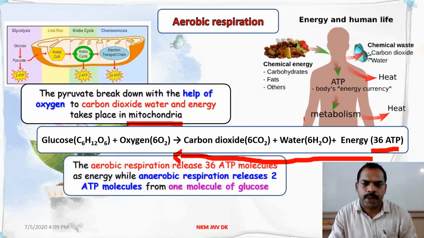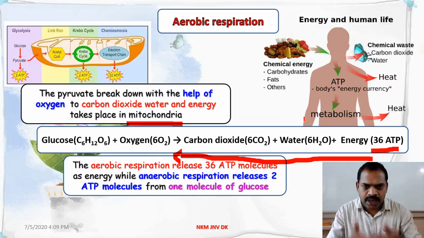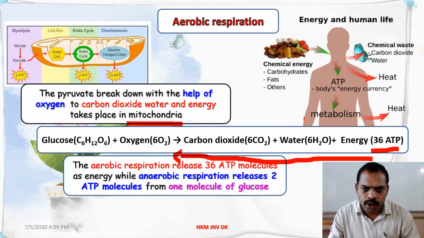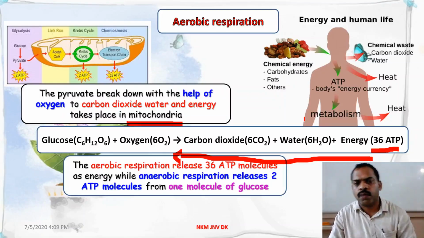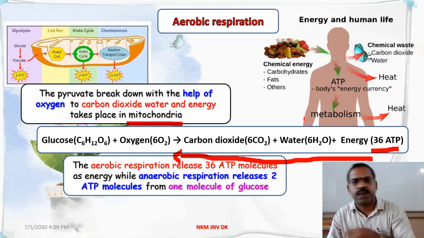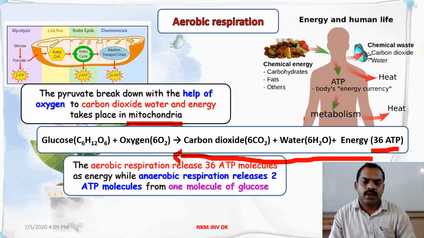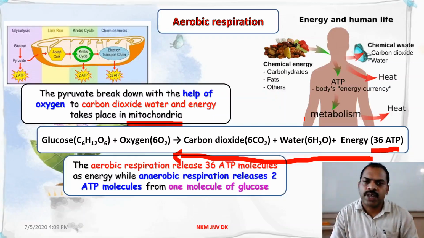So that is a comparison we can write down. Aerobic releases 36 ATP molecules, anaerobic releases 2 ATP molecules from one molecule of glucose. So the basic differences we can see: where does it take place, how much energy is produced, what are the byproducts. Aerobic and anaerobic we can compare.